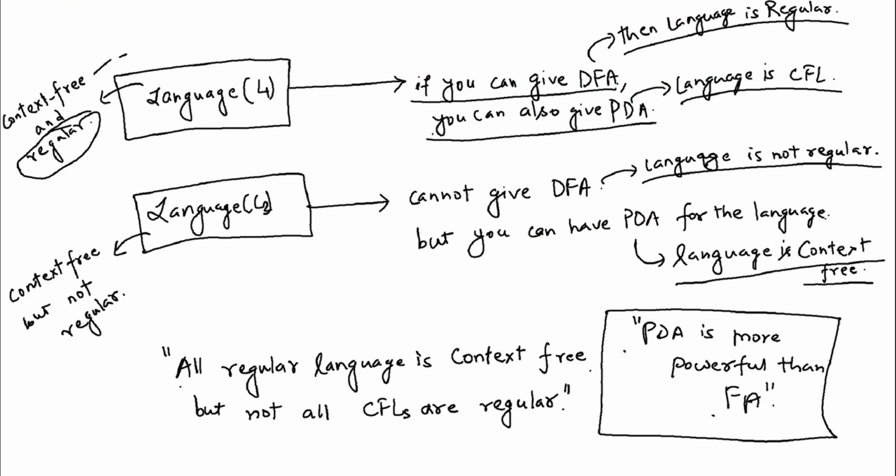So, for example, the Turing machine is more powerful than PDA. For all the languages for which you can give a PDA, definitely you can give a Turing machine for it. But there will be some languages for which you cannot give a PDA, but you can give a Turing machine. And if there are languages for which you cannot even give a Turing machine, that language has no solution for its set membership problem.